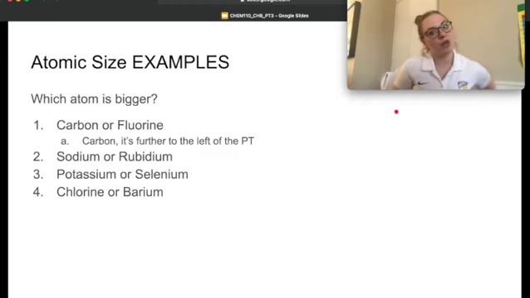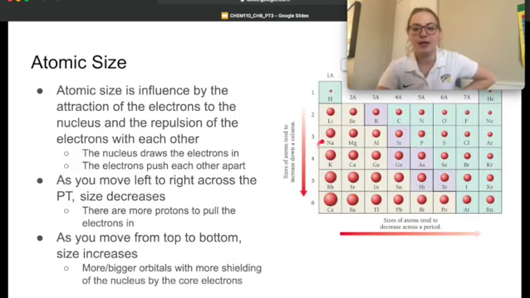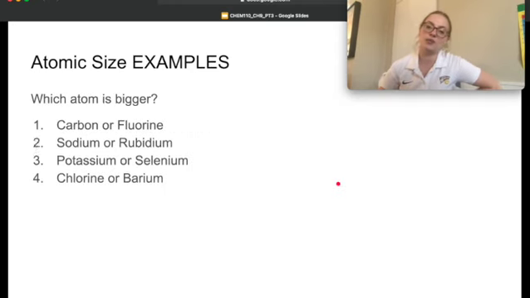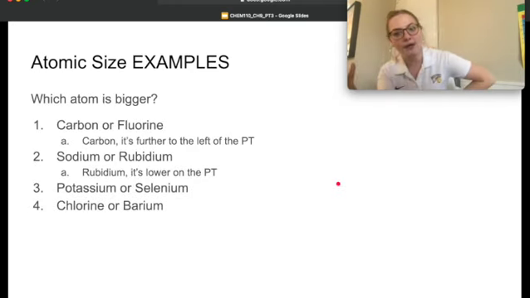Let's do sodium and rubidium. This is sodium, this is rubidium. As we're moving down the periodic table, we get bigger. So sodium is much smaller than rubidium. Rubidium is the bigger atom because it's lower on the periodic table, okay?